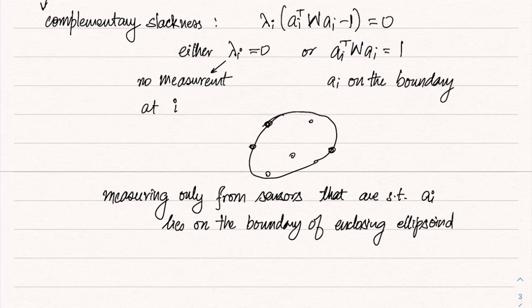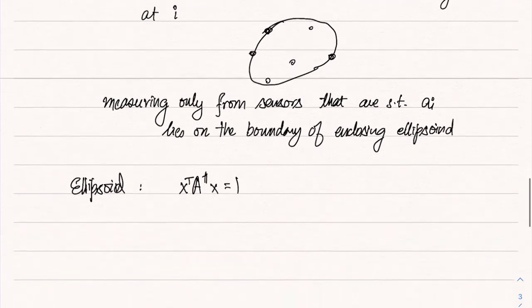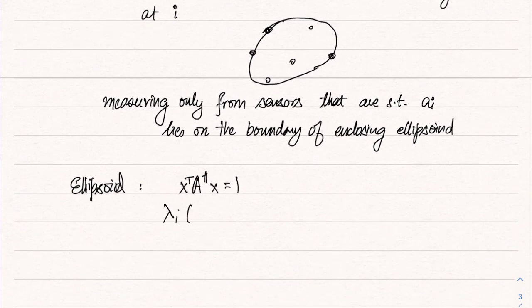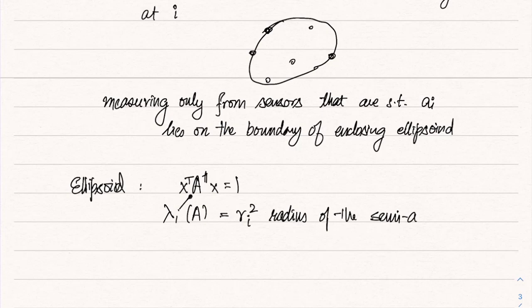In fact, let us recall the ellipsoid. If you recall the ellipsoid, the equation of the ellipsoid was x transpose A inverse x equal to 1, right? And the eigenvalue of this matrix A, which is telling us the equation, is basically R_i square. It is the radius of the semi-axis.